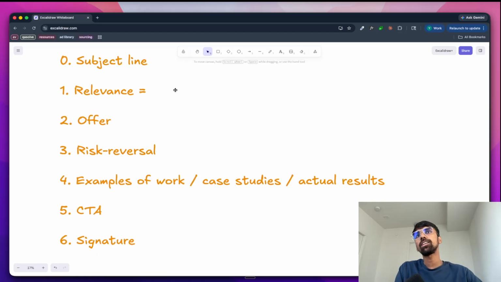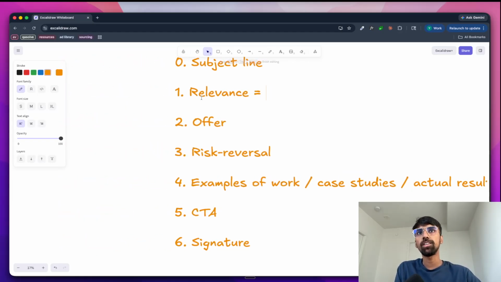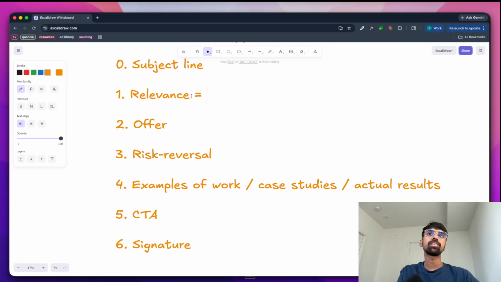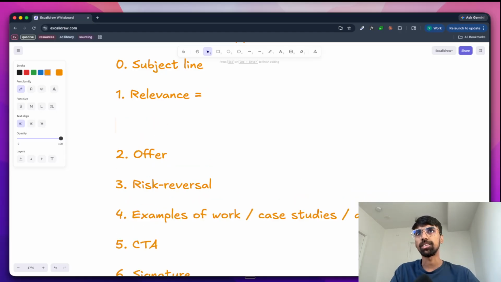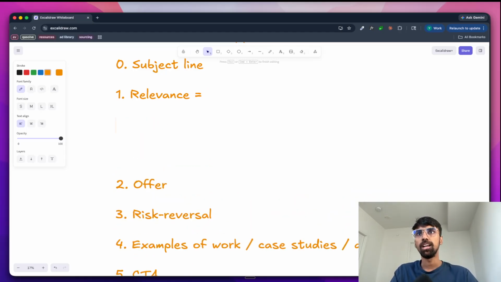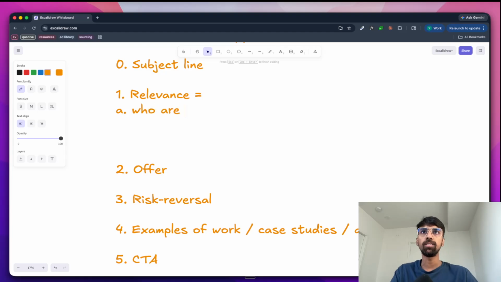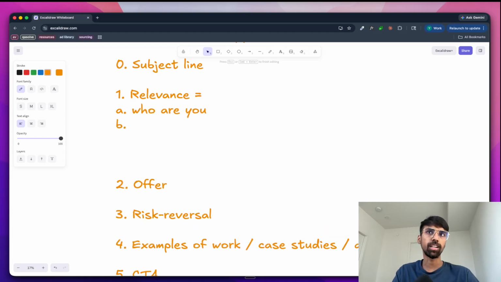So the first one is relevance. Relevance is essentially why are you writing this email and why is this recipient going to care? So it answers two questions. The first question is, who are you? And the second question is, why should this prospect care?